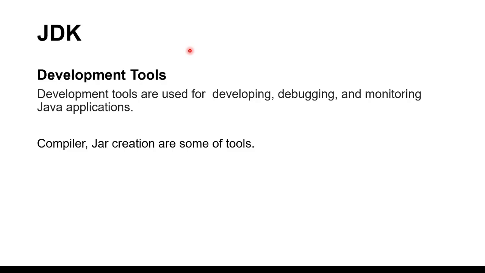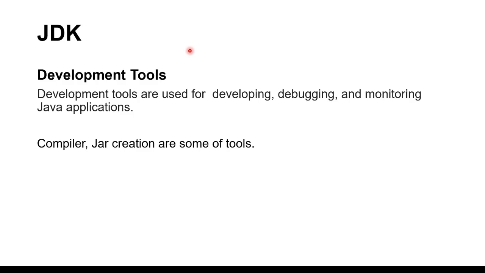Development tools are used for developing or debugging Java applications. Till now we have seen how Java code is executed with JRE, but we didn't discuss how Java code is written. To write the Java code and generate the executables, we need these developing and debugging tools.